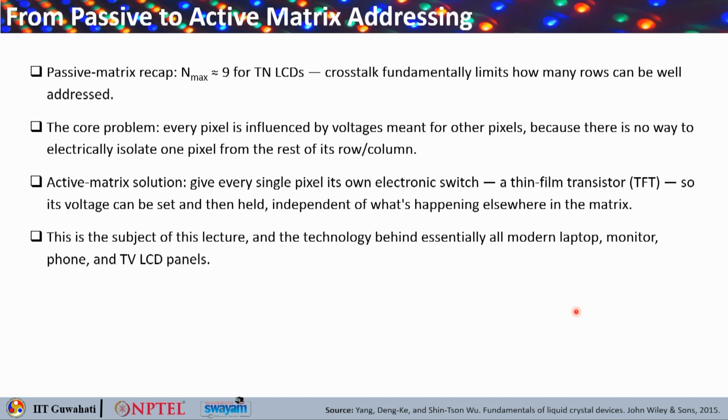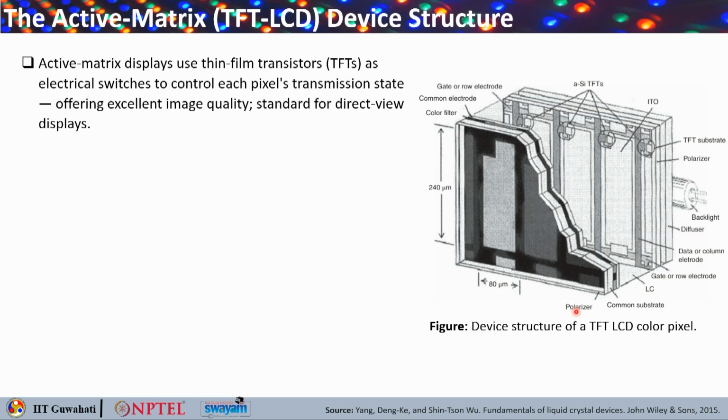This is the subject of today's lecture. We'll be talking about active matrix addressing, which is the dominant technology behind essentially all modern laptop, monitor, phone and TV LCD panels. So this is the schematic of the device structure of a TFT LCD color pixel.